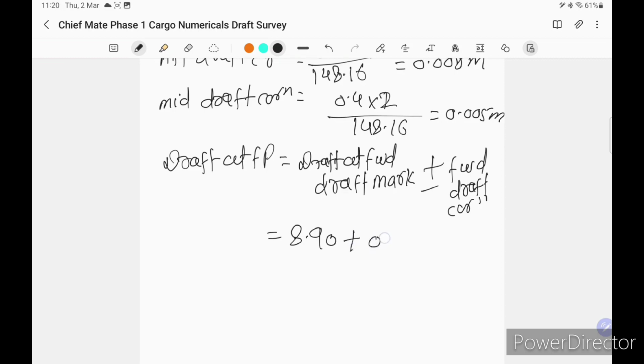So 0.005 plus 8.90 is 8.905, the draft at forward perpendicular.